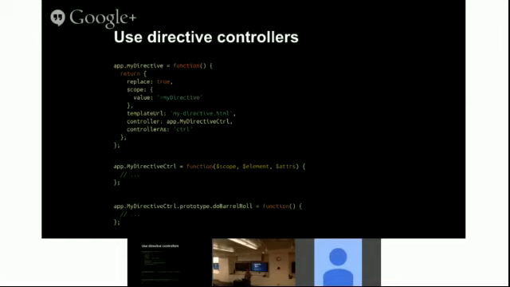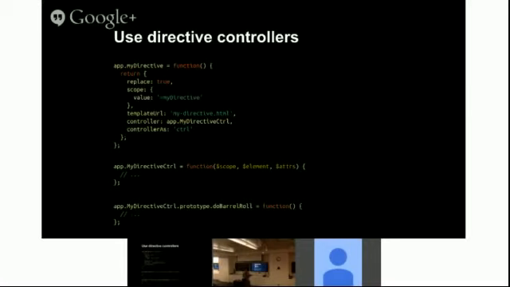But for the logic that's just operating your directive, it's best to stick that inside of a controller. You can specify this in your directive with the controller property. And this is going to just have Angular create a controller instance, just like it does for any route that you would normally go to inside of your ng-view.